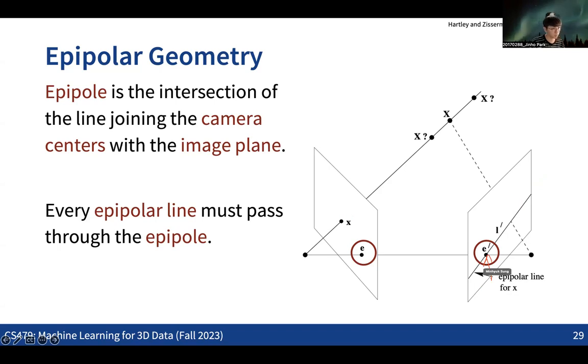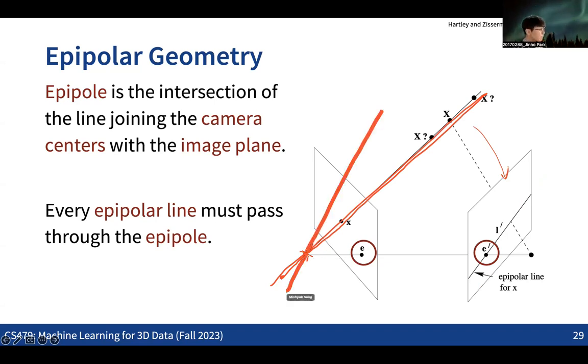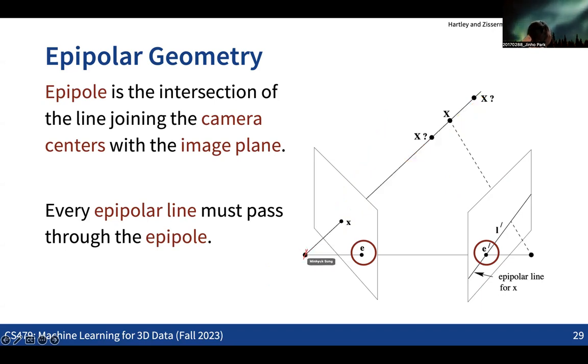Can you guess why? I mean, this is quite obvious, right? Because we are projecting this ray into this plane. This is the ray that we are shooting from the center of the camera, which means all the rays that we shoot into the 3D space start from the center of the camera, right? So however you make the ray from the camera center, the projection of this camera center to the other image plane should be one of the points of the epipolar line.